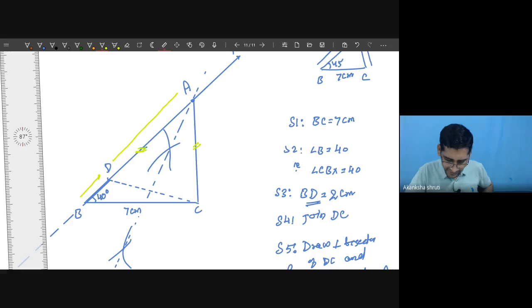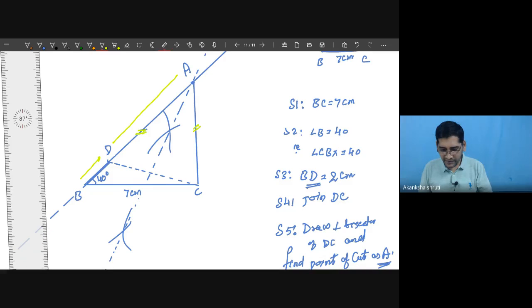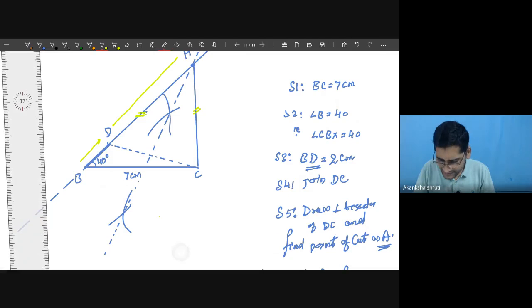Therefore, BD can be obtained from AB minus AD, or AB minus AC. So you may write here as explanation.